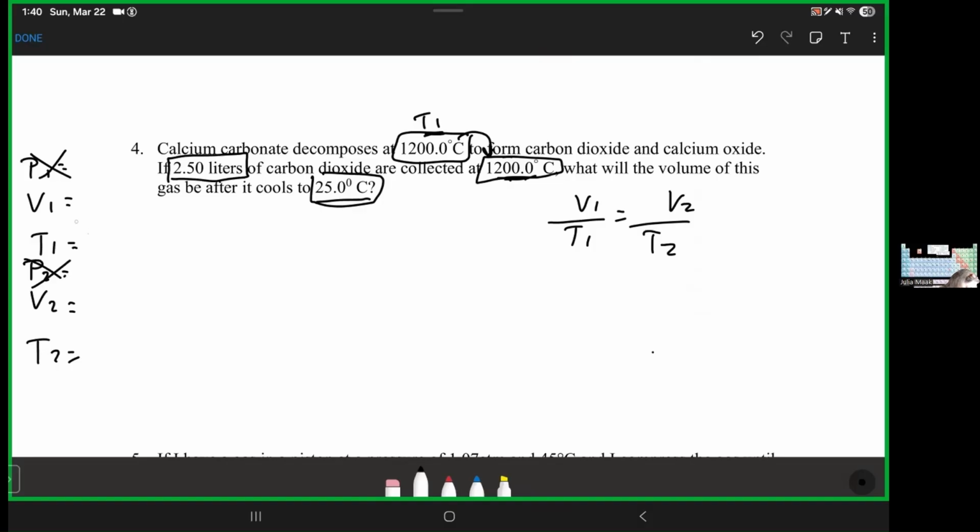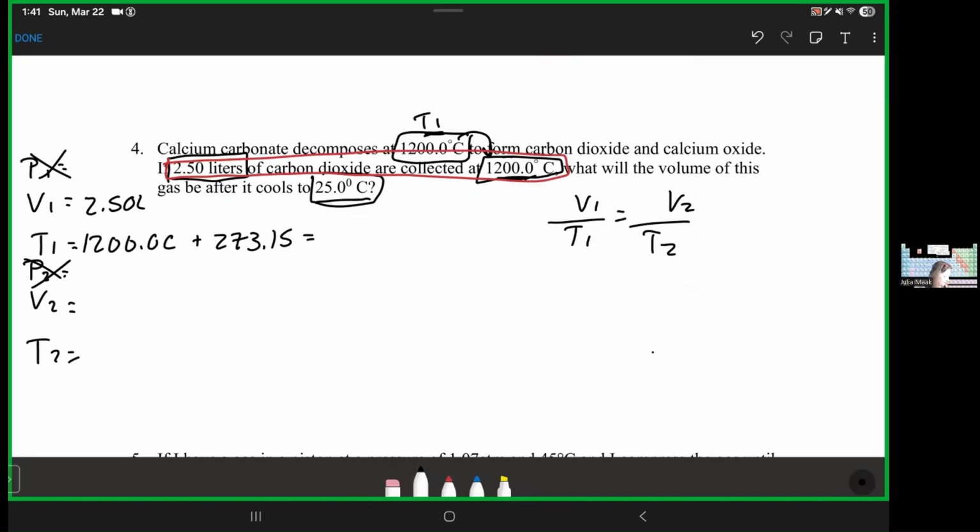So my first volume, we see how this volume was at that temperature, is 2.50 liters. My first temperature is 1200 C, but we have to add the 273. Because this one has decimals in it, we have to use the 0.15.